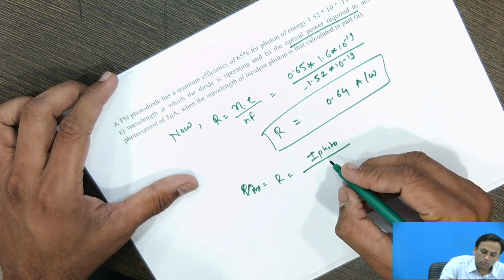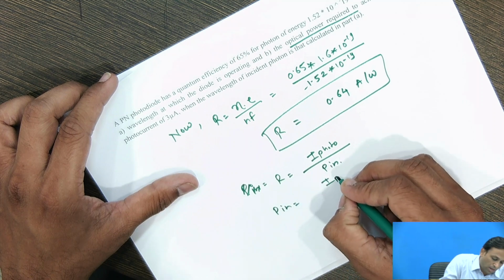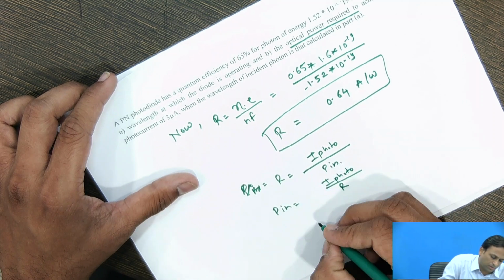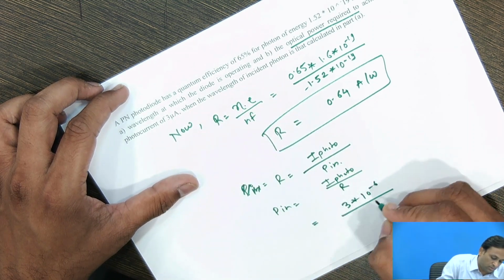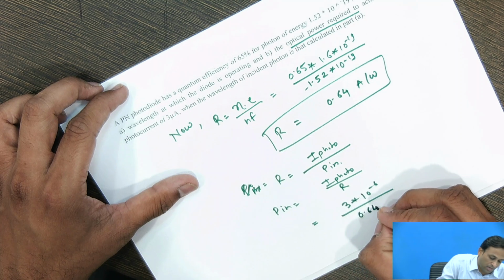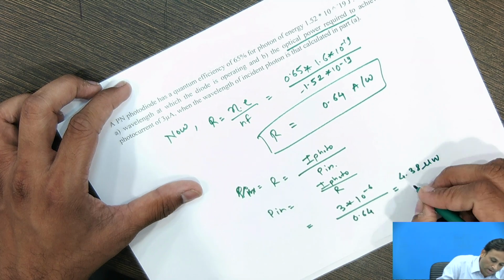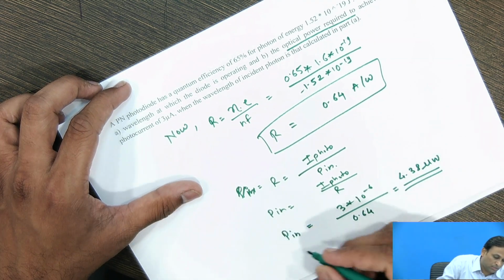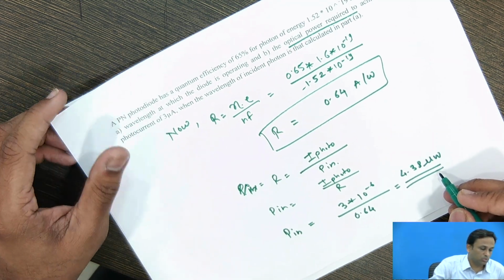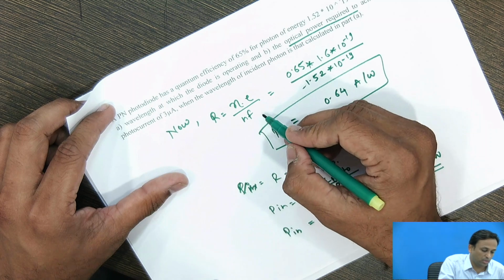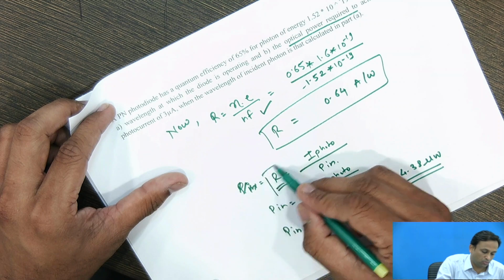R is equal to the photocurrent upon P in, so P in is equal to I photon upon R, which is given as 3 microamperes, 3 into 10 raised to minus 6, upon R. We have calculated R, so P in, the optical power, comes to 4.38 microwatts. This is one example we have shown to calculate the responsivity.